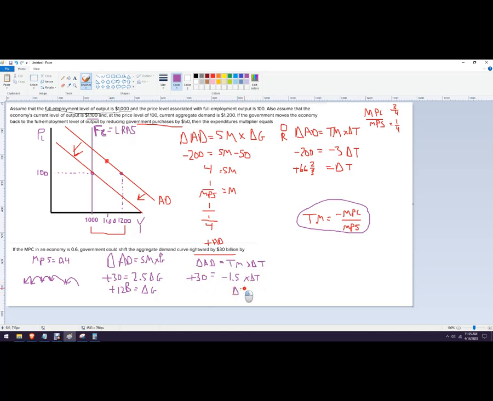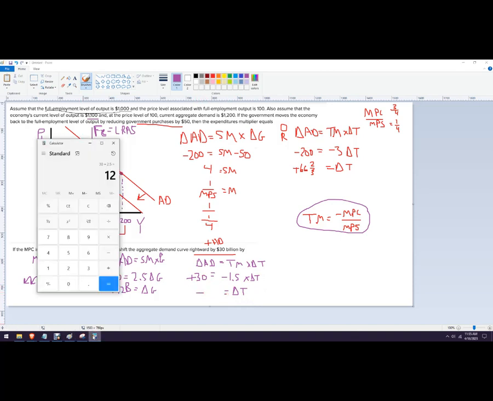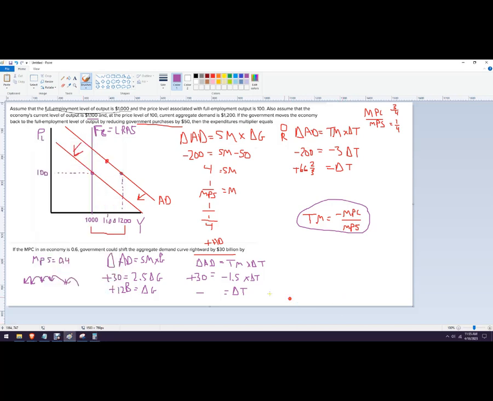Change in T is going to be negative 20. So you cut taxes by 20 billion, and you get the same result. Notice the tax cut has to be higher than the spending increase. That's how to work through those kinds of problems.